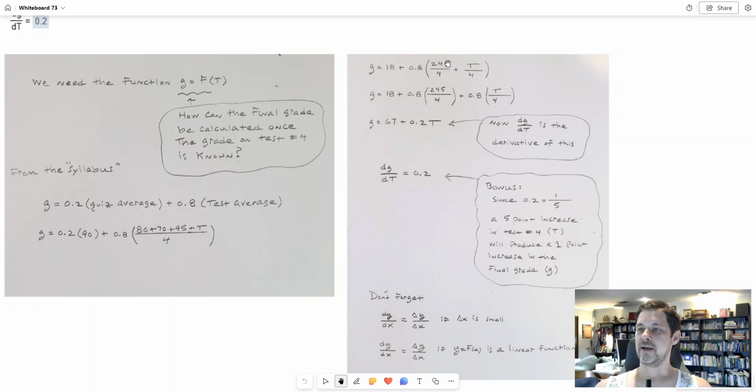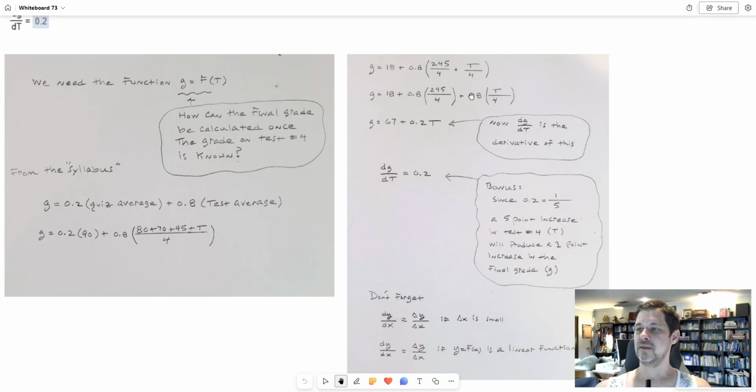So I split the fraction up, then distribute the 0.8. I'll combine the number 18 plus 0.8 times 245 over 4. That turns out to be 67. That's just a number, just a constant, so lump it all together.